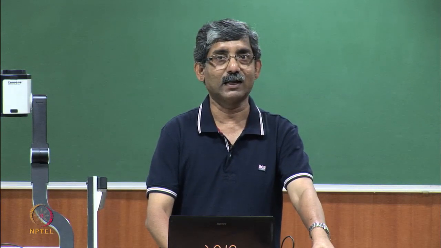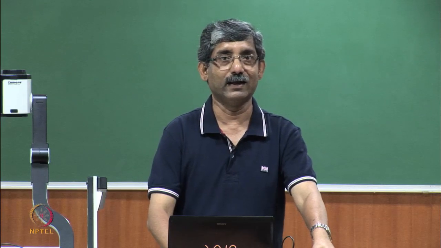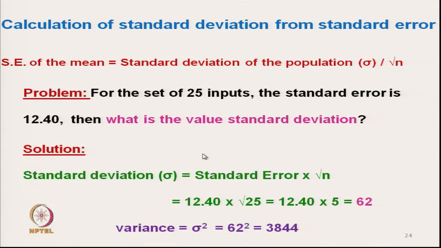Standard error of mean is the standard deviation of population divided by under root n, where n is the number of data. Here the number of data is 25 and standard error is given as 12.4.